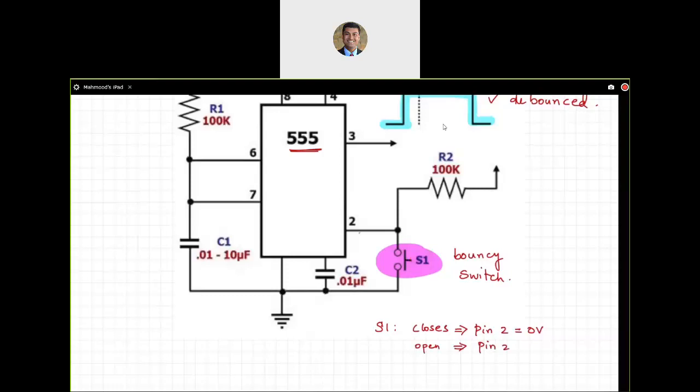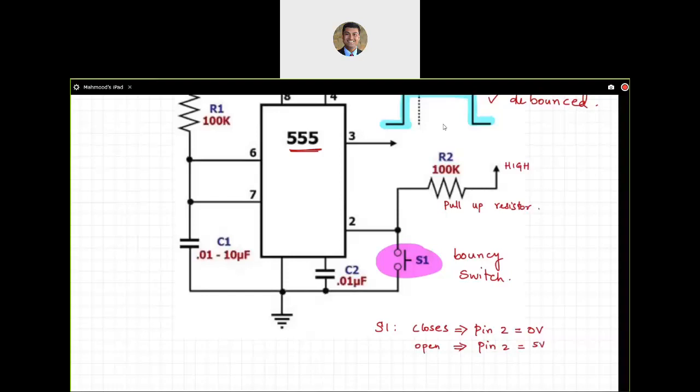Now pin 2 is going to be connected to high, so it is pulled up to a high voltage, say 5 volts, using a pull up resistor. In this case, we are using a 100 kilo ohm R2 as the pull-up resistor. So pin 2 is going to read high volts, something less than 5 volts. So I can assume it's going to be close to 5 volts.